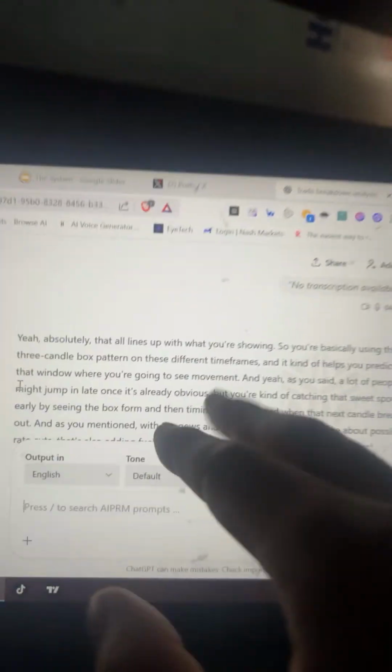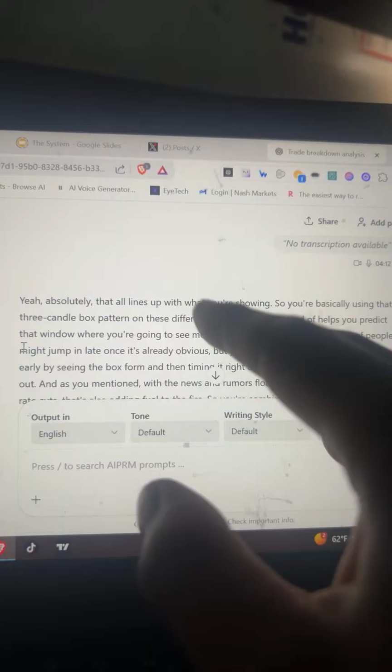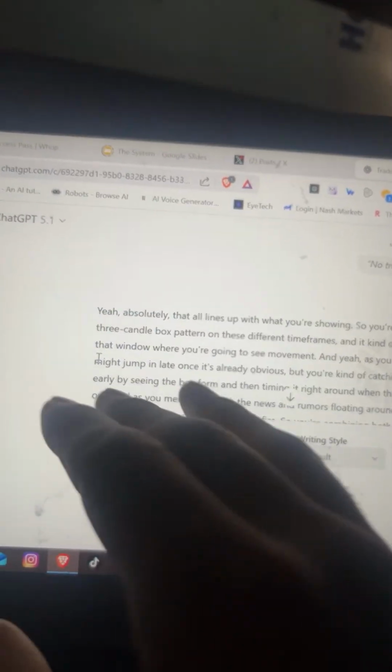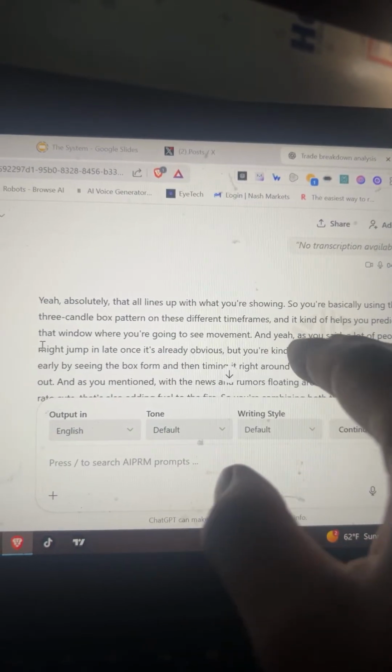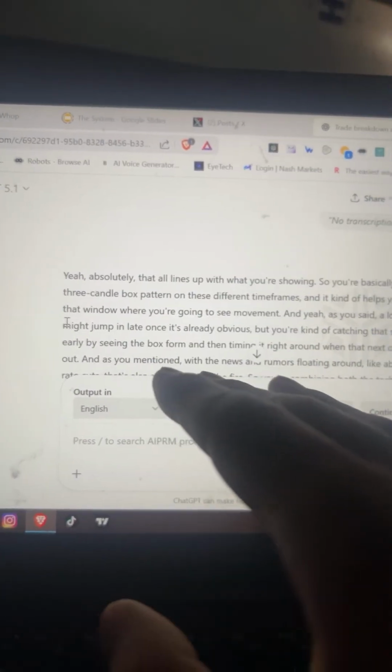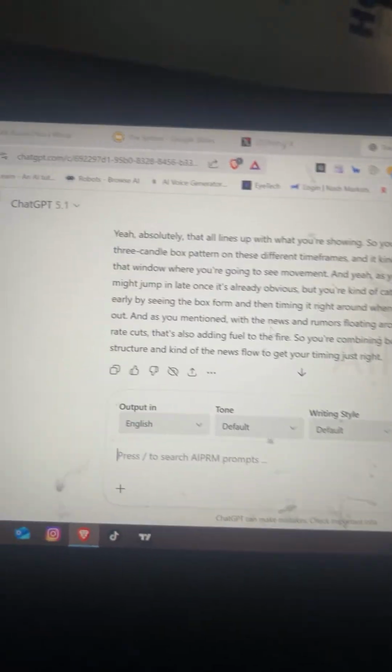So it says, so you're basically using that three candle box pattern on different time frames, and it kind of helps you predict that window where you're going to see movement. And yeah, so you said a lot of people might jump in late once it's already obvious, but you're kind of catching that sweet spot early by seeing the box form and then timing it around when the next candle breaks out.